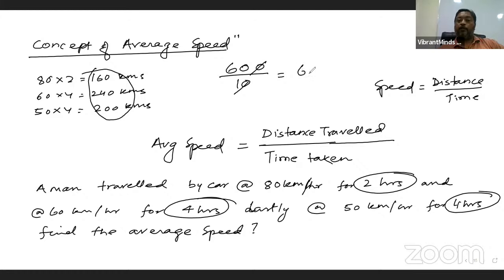So the average speed is 60 km per hour. Is it okay?